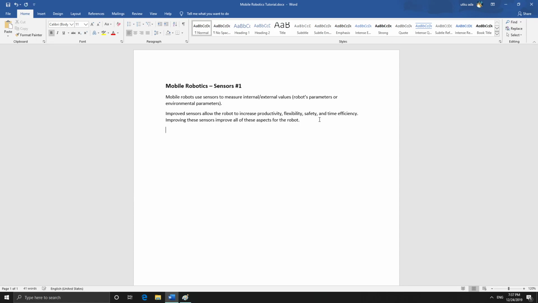So what is the sensing process? Well, to start with, the robot is going to make use of a transducer, which converts a physical or chemical quantity into an electrical signal.